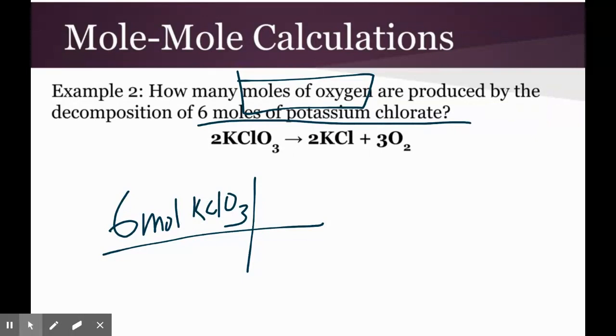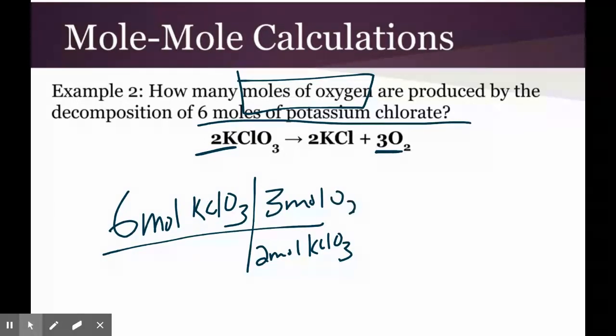So on the bottom, we want to write the moles of potassium chlorate, which is 2, and on the top, we're going to write 3 moles of oxygen. Now, this problem has nothing to do with KCl, so we're not going to use that anywhere in our problem. So to solve the problem, we do 6 times 3 divided by 2, which gives us 9 moles of oxygen.